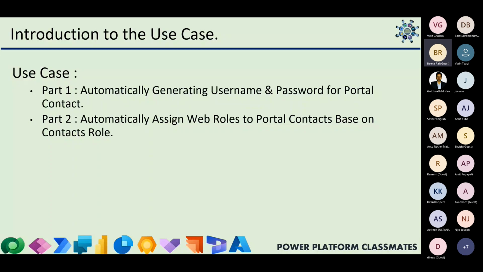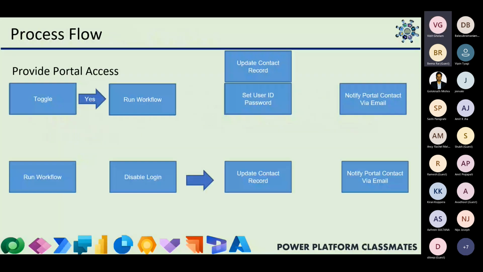Let's see how the process flow goes. The process begins overall in CRM. Let's assume that you have an existing set of contacts in your CRM systems, and you have designed a portal, and now you need to give them access to that portal.